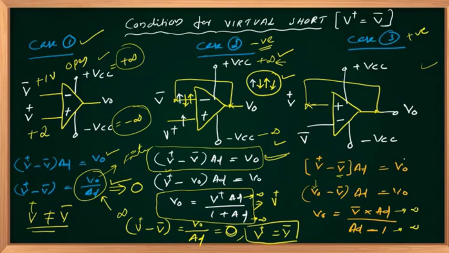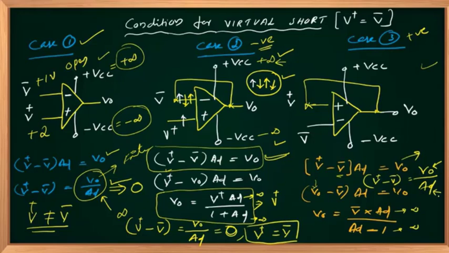And from the first equation, similar to case 2, I have V plus minus V minus equal to V out upon infinite AD. As earlier in case 2, if V out is always finite, my V plus minus V minus should be 0, because I am having an infinite AD in the ideal case.